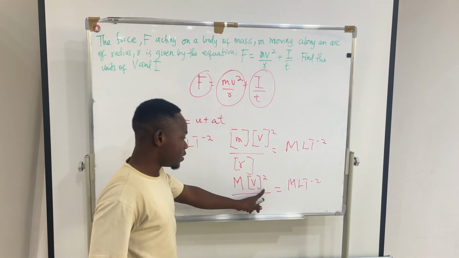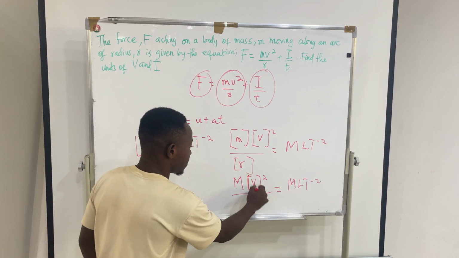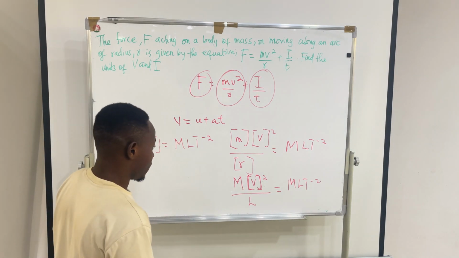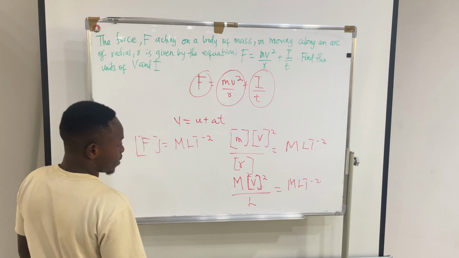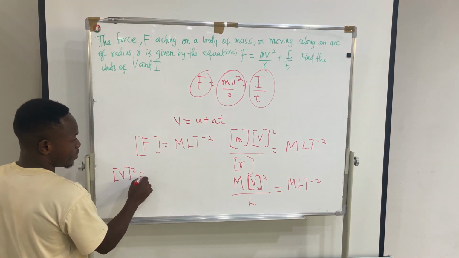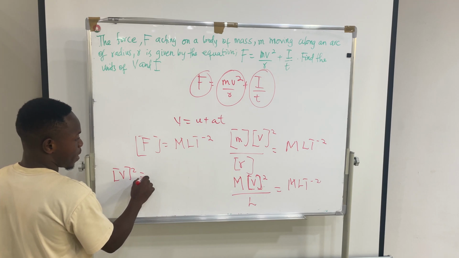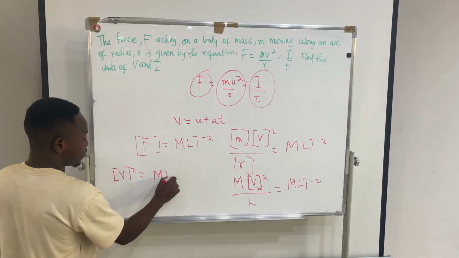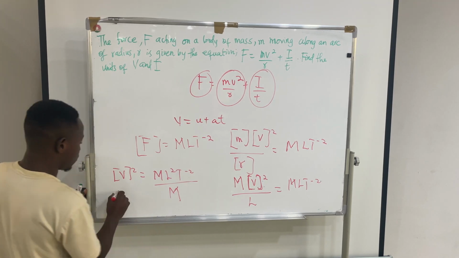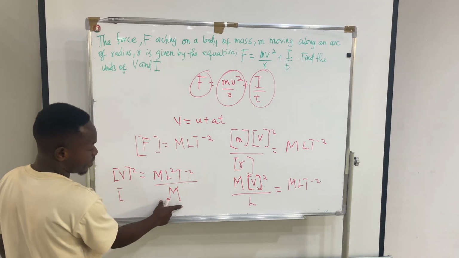What I have to do is make v the subject, the dimensions of v the subject. If I do that correctly, I'll get to find the dimensions of v. So let's see how we are going to do that. This is going to be v squared being equal to M L squared T minus 2 over M. So the dimension, if you do it correctly, this is what you arrive at.